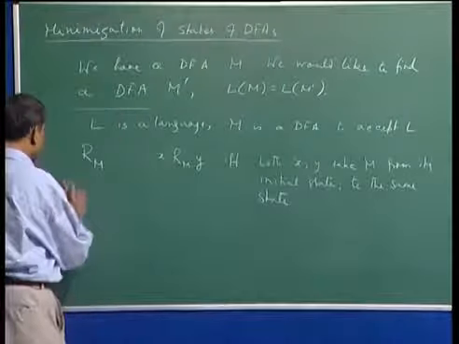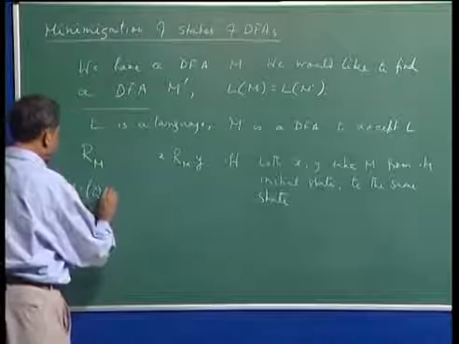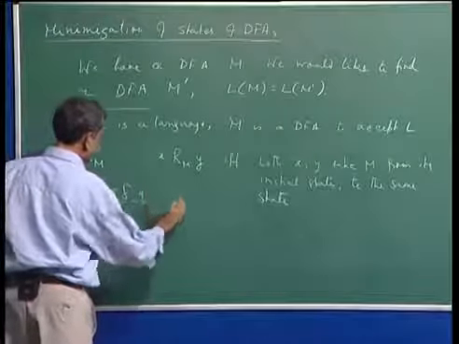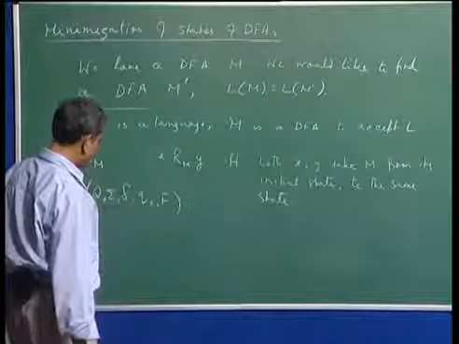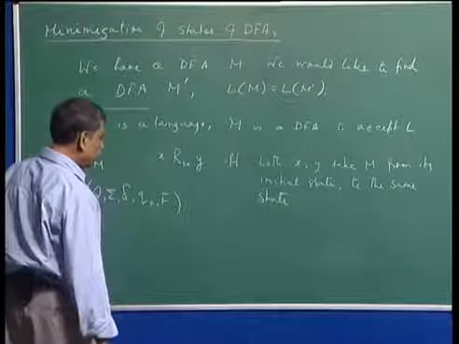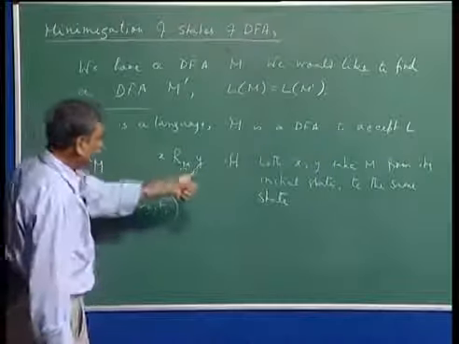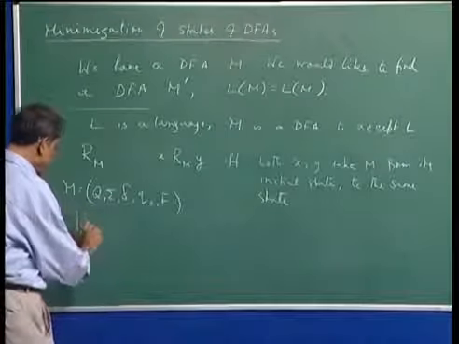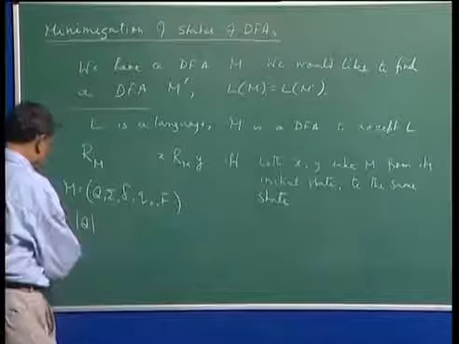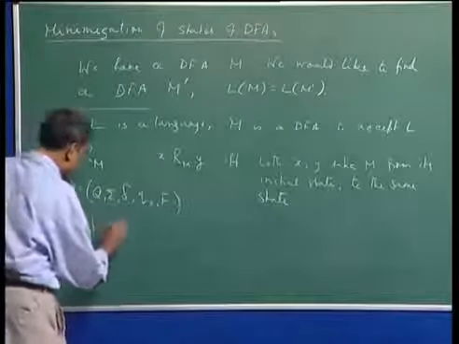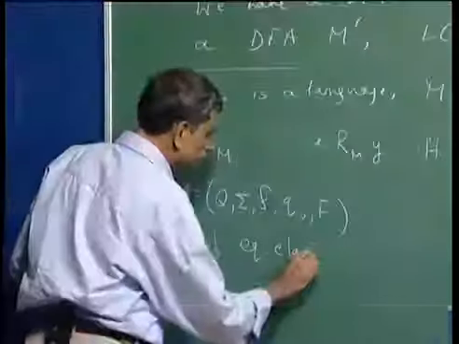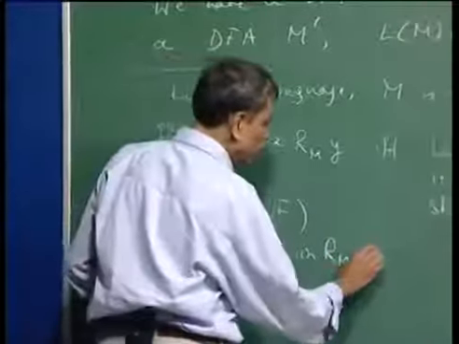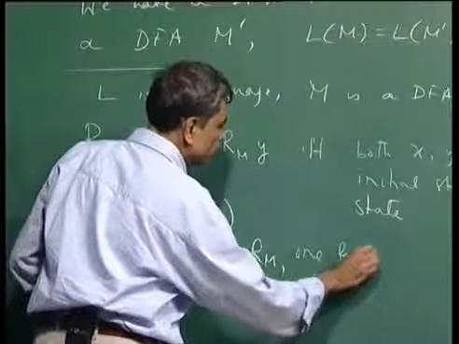Now, we can write it in the symbols that we are familiar with. Suppose M is (Q, Σ, δ, q0, F). Then how many equivalence classes will RM have? RM will have exactly as many equivalence classes as there are states, one for each state.